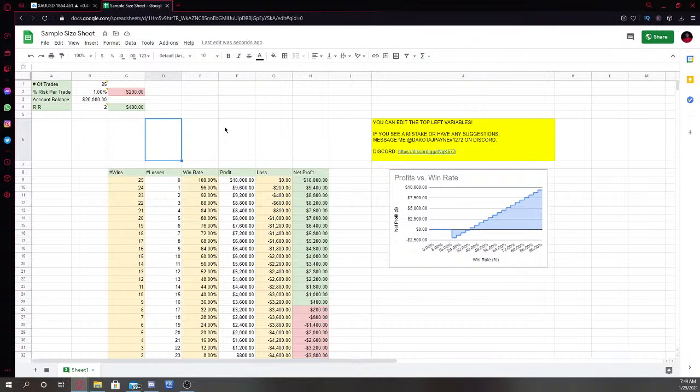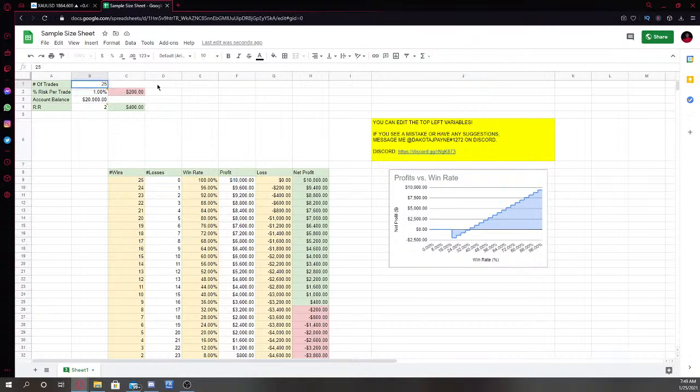No matter how bad the losing streak is, no matter what comes, I'm just following my system, following the plan without making any changes in the middle of those 25 trades. Okay, so let's say for instance you have a sample size of 25.